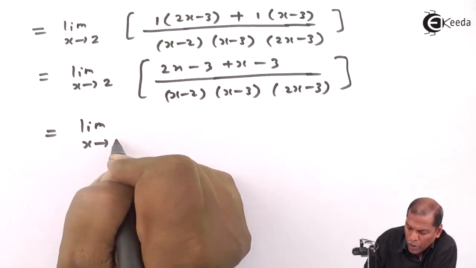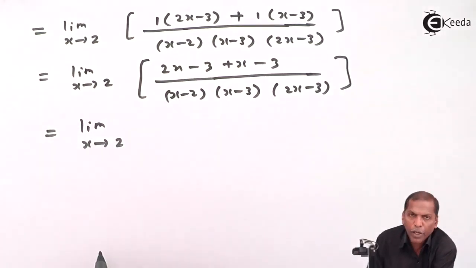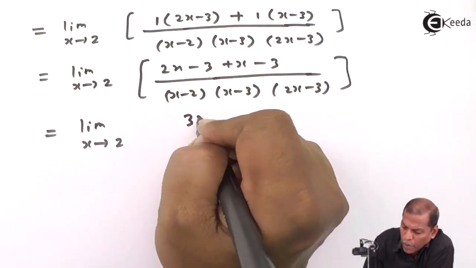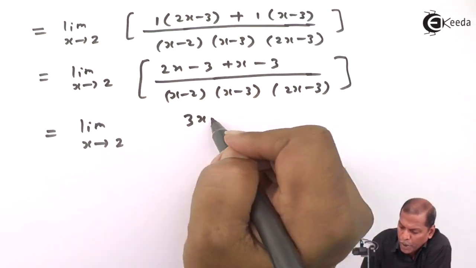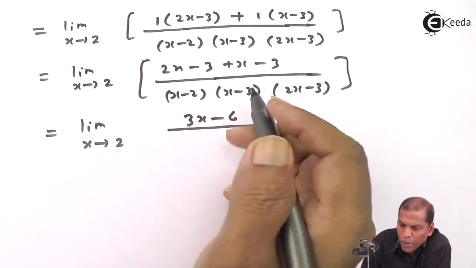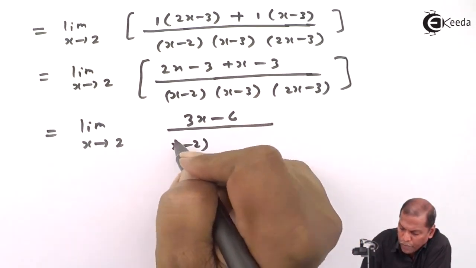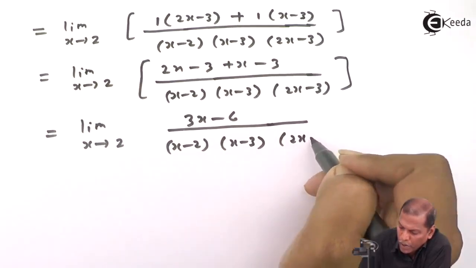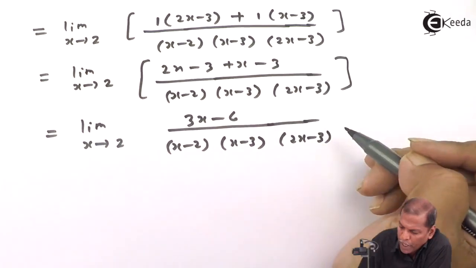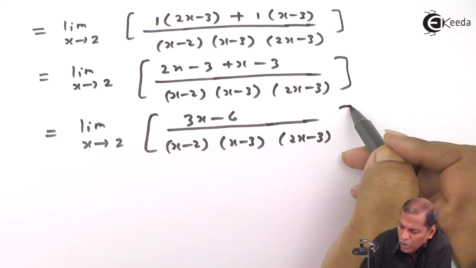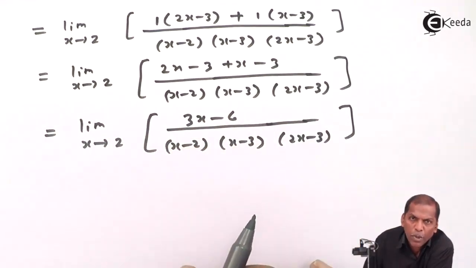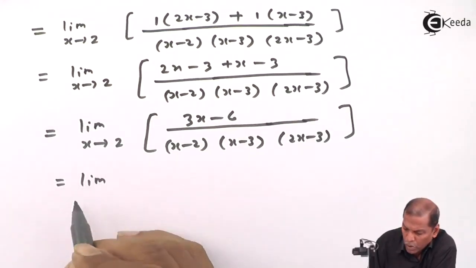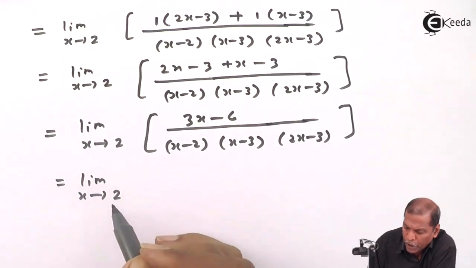So that equals the limit as x tends to 2.